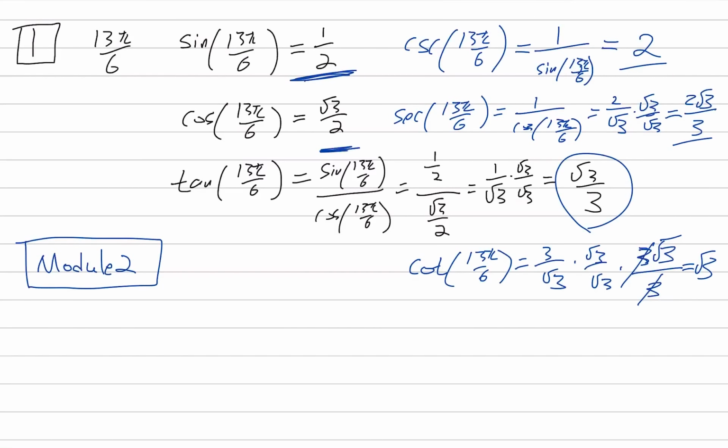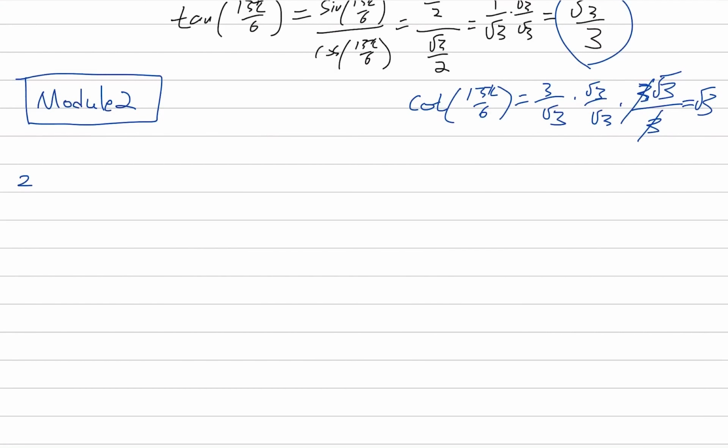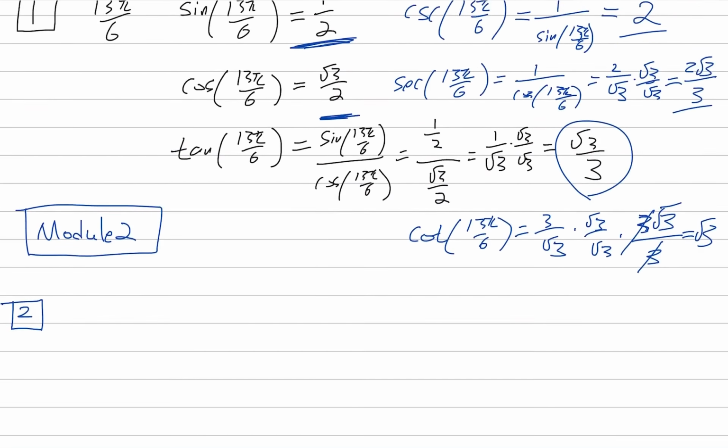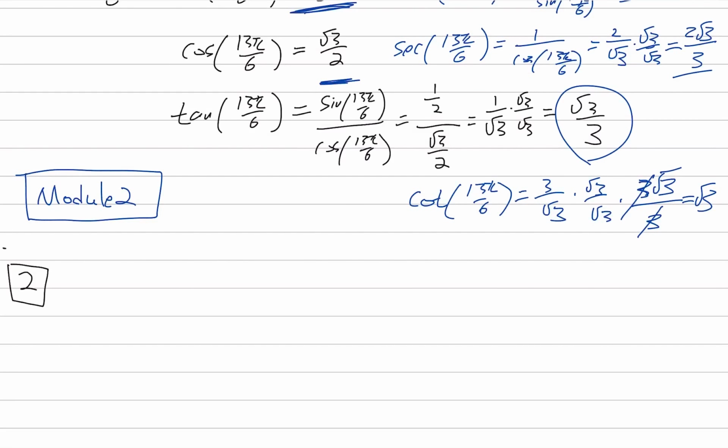Okay, number 2 is also from the trig section. Let me keep it consistent, use same color for numbering. Number 2. Okay. Number 2, it says find the exact value of each of the remaining trig functions of theta.